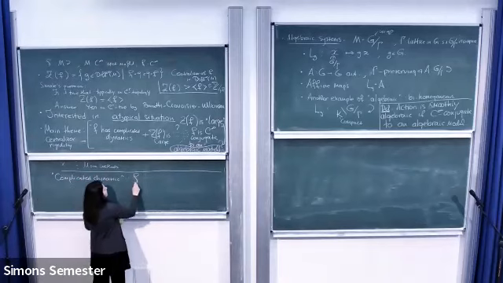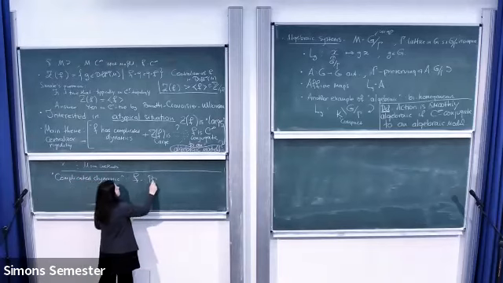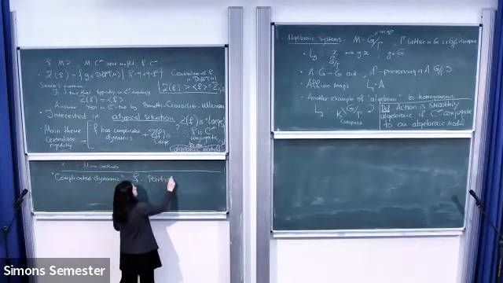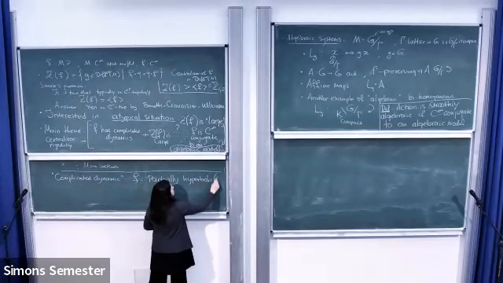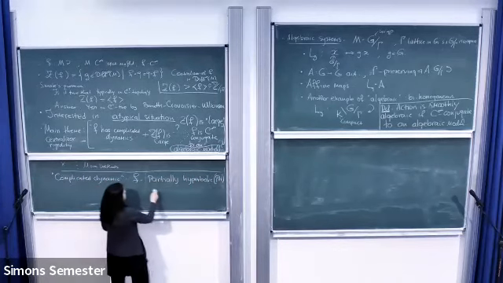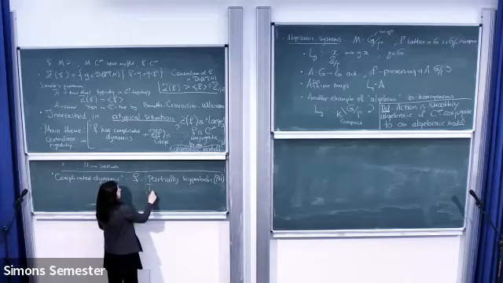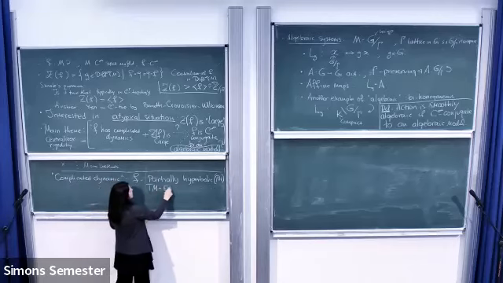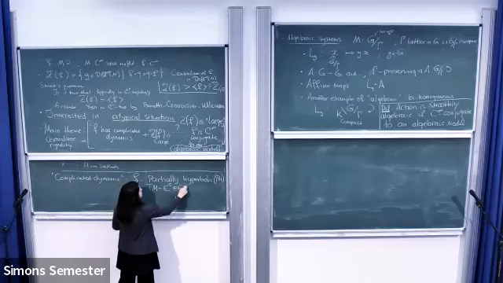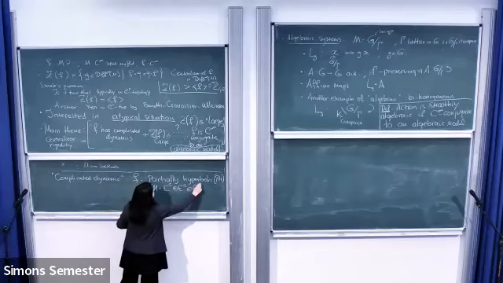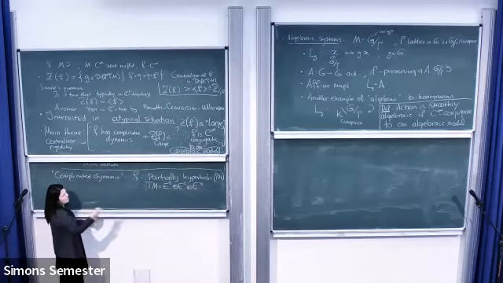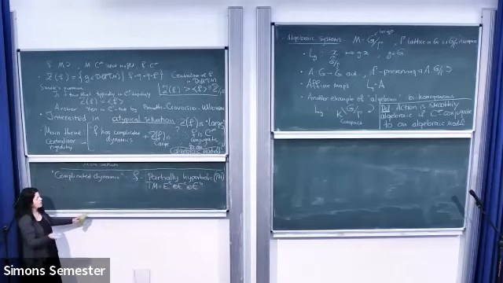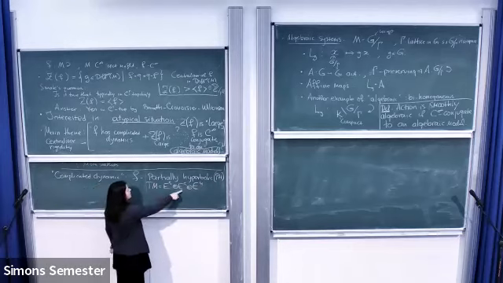So F will be partially hyperbolic. So we'll have the usual bundle splitting into stable, unstable, and center. And in all the situations that we will talk about, the center will actually be integrable.